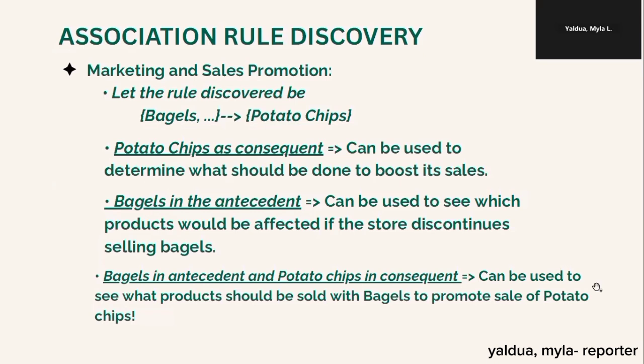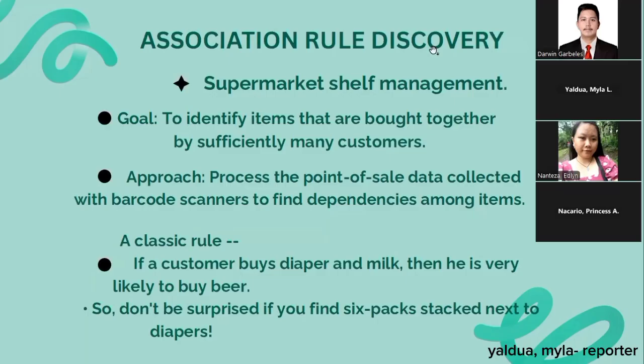Analyzing the antecedent, bagels, helps understand the impact of discontinuing bagels and which other products might be affected. Analyzing both antecedent and consequent together suggests what products should be sold alongside bagels to increase potato chip sales. Essentially, it helps with product placement and promotional strategy.